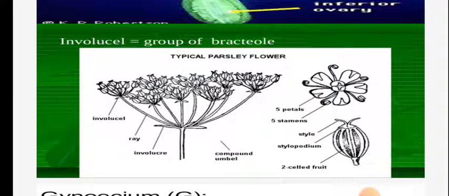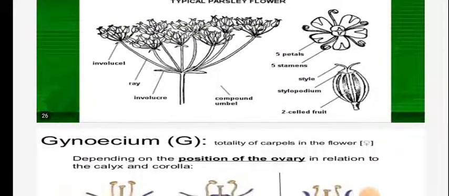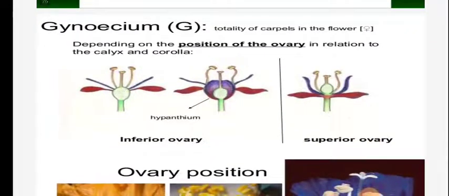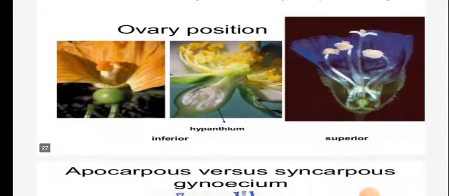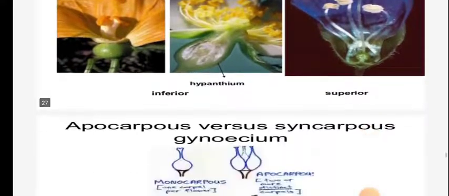So compound means branched. So here it shows involucre or the groups are there. Then in relation to gynoecium, depending on the hypanthium, these conditions are there. So it shows the hypogynous, epigynous and perigynous. So in the sunflower, inferior, and then it is called the inferior or the superior.